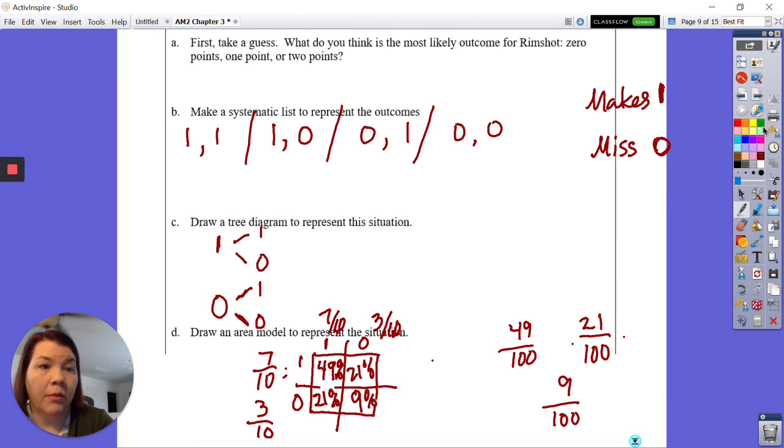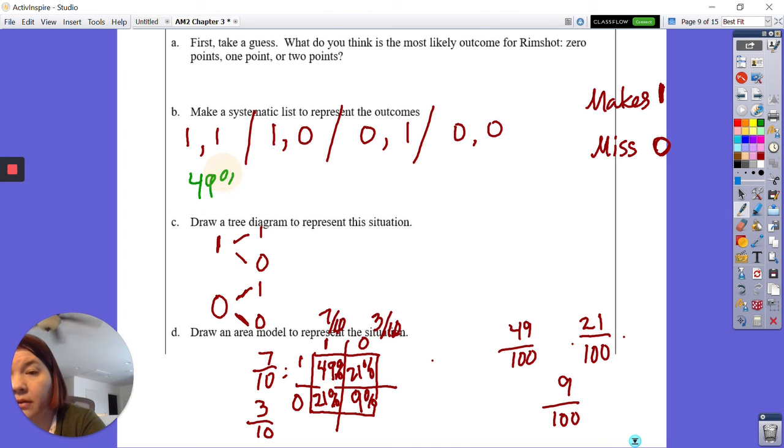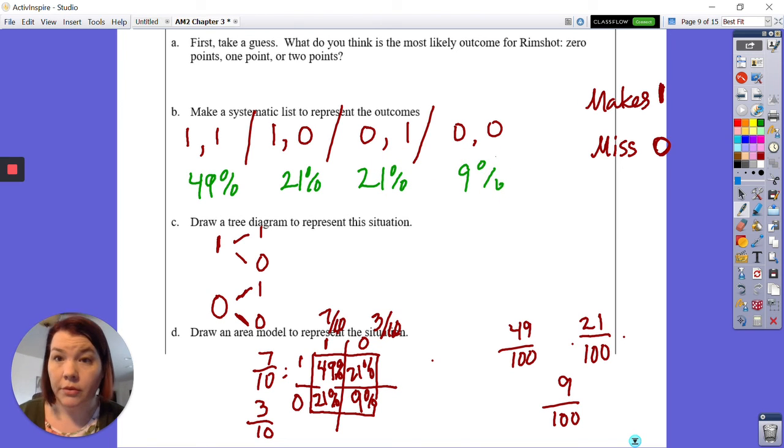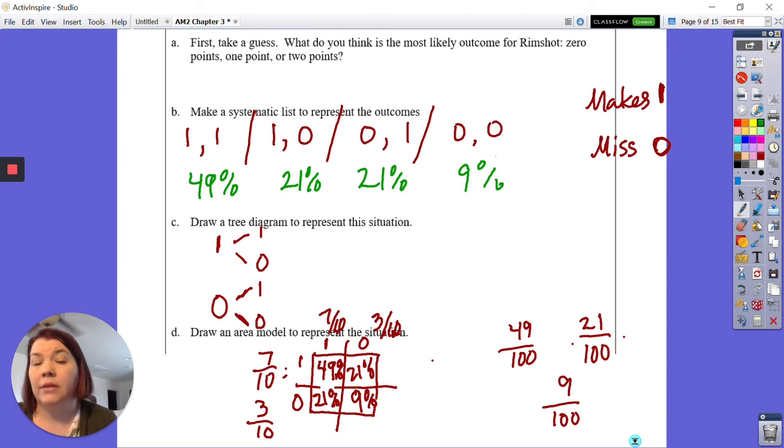So anyway, going back to this, it says it has a 49% chance of happening. This has a 21% chance of happening, 21% here, and 9% here, based on the way Rimshot shoots, instead of based on what's true for everybody. So if what's true for everybody, he's more likely to make 1 point. But for Rimshot, making 1 point is 42%.